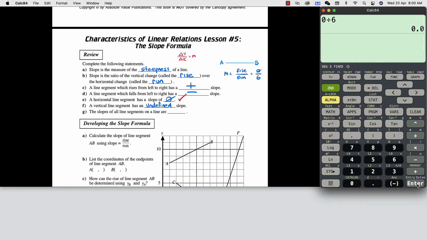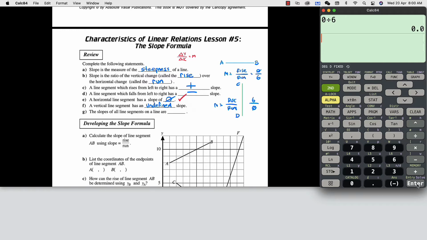So we can do the same thing for a vertical line. If I call this vertical line CD, and again look at the rise over the run and recognize that it is rising up and it's not going right to left or left to right, so it's got 0 run, and the rise is going to be whatever the distance of this line segment CD is.